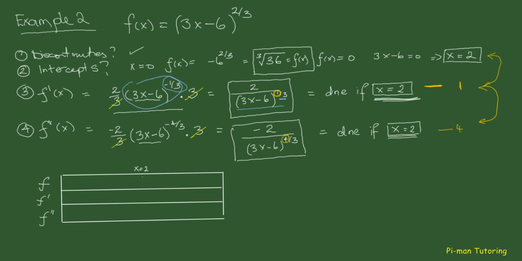what do we have? In the function itself, we know that at x equals 2, we actually have a 0. So we mark that with a solid line. When x equals 2 in the first derivative, we have a does not exist.